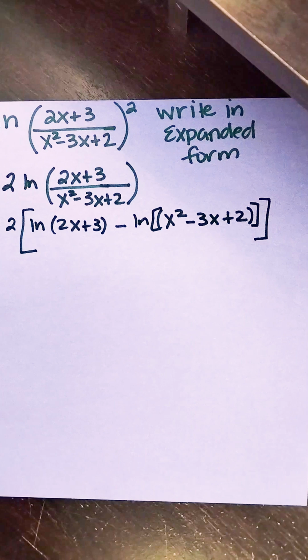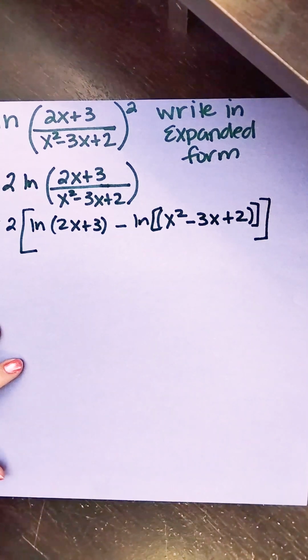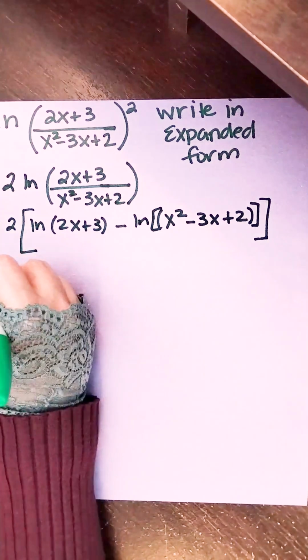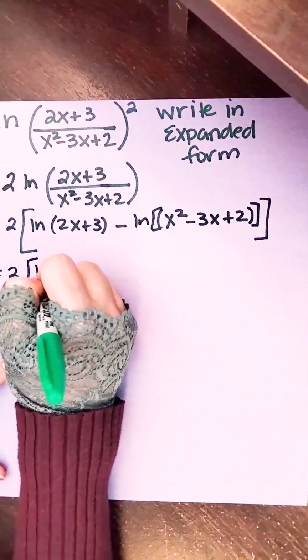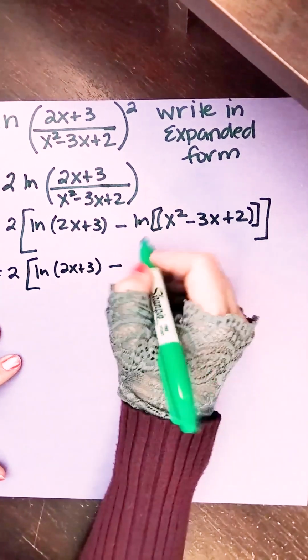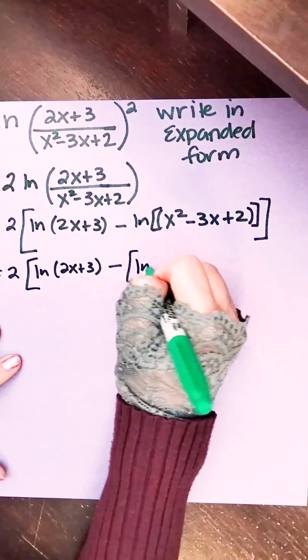Then I see that I have this x squared minus 3x plus 2, and I'm going to go ahead and factor that. So the natural log of 2x plus 3 minus the natural log.